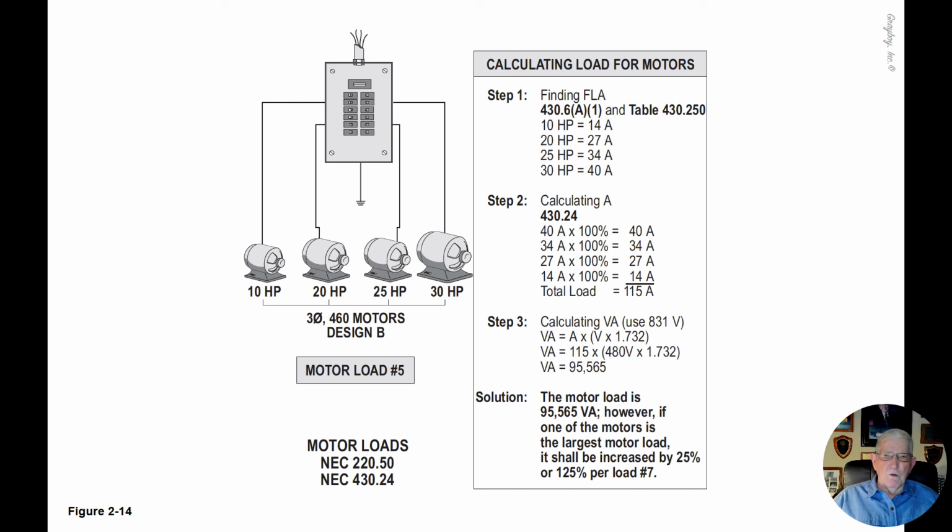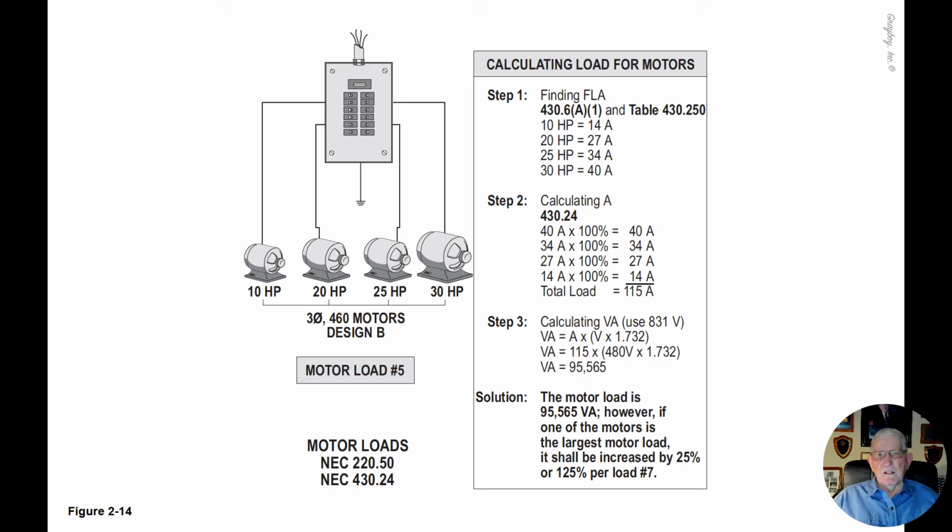But now let's make a note. However, if one of the motors is the largest motor, and you're adding all the loads together that we've been looking at so far, then the largest motor or compressor loads that we've looked at previously would be used as the largest motor, and we take it at 25%.